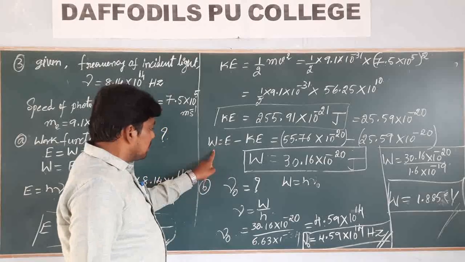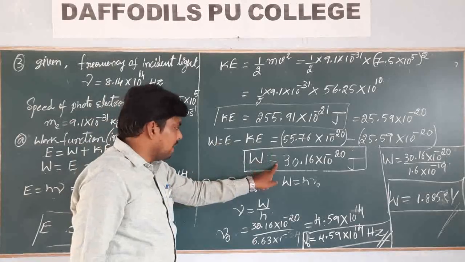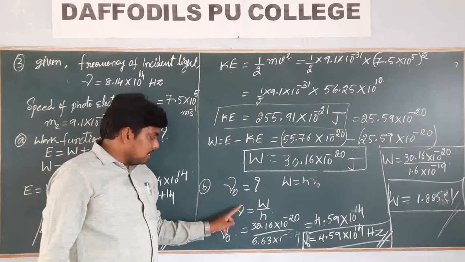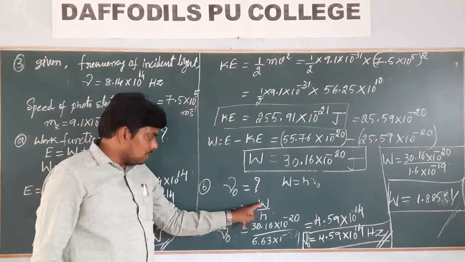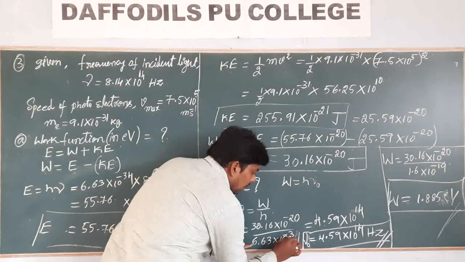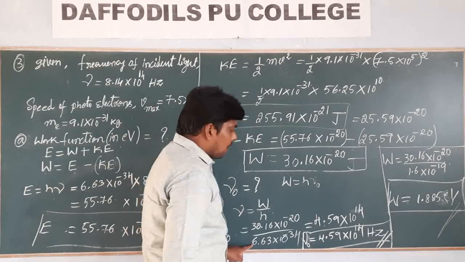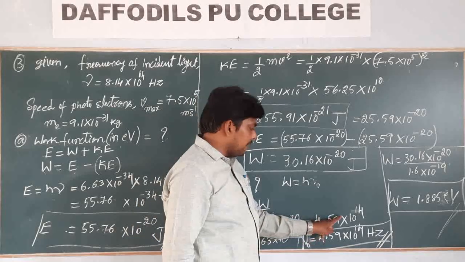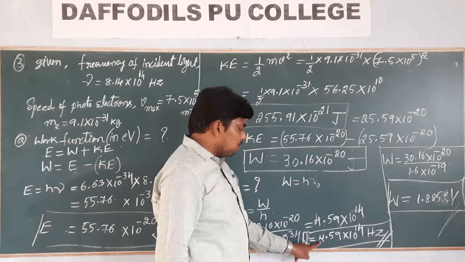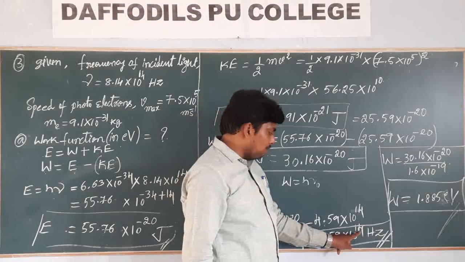Later, work function is equals to energy minus kinetic energy. We have substituted this one. Later, threshold frequency is equals to work function divided by h value. Substituted the work function value and the h value, and we have simplified this one, and we got 4.59 into 10 to the power 14 hertz. This is the threshold frequency value.